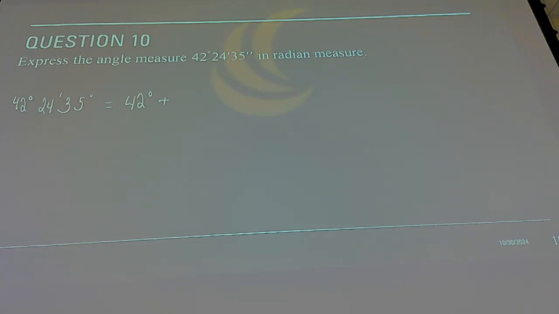Twenty-four arc minutes, 24/60ths of a degree. 35 arc seconds is 35/3600ths of a degree. After adding those fractions, 6,107 over 144. Then times pi over 180.